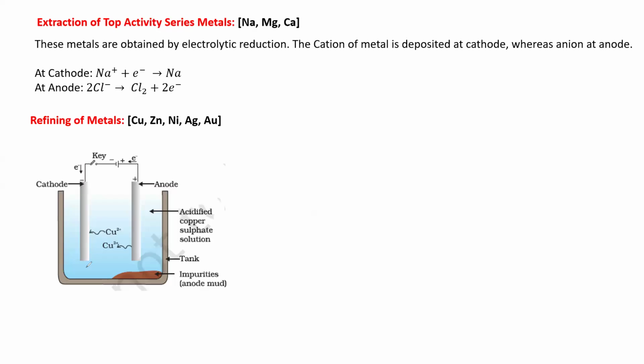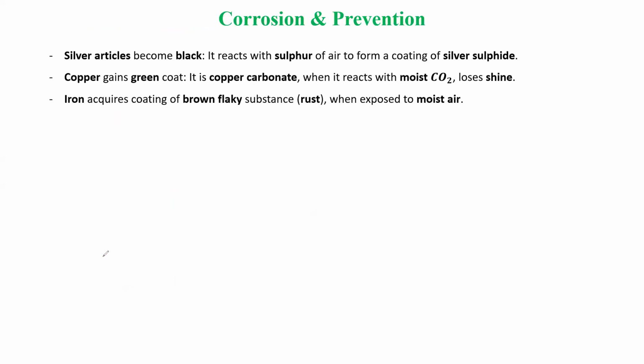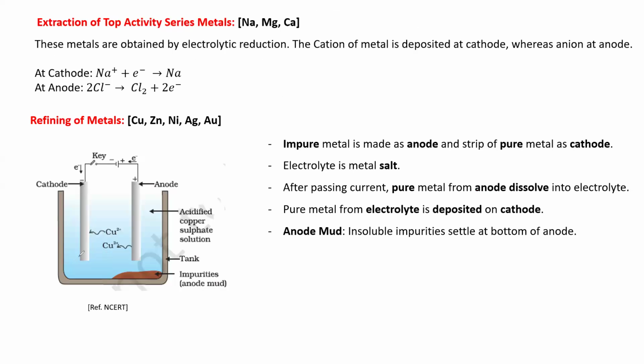In the refining of metals, the impure metal is made the anode, and a strip of pure metal is the cathode. The electrolyte that you use is a salt of the same metal.